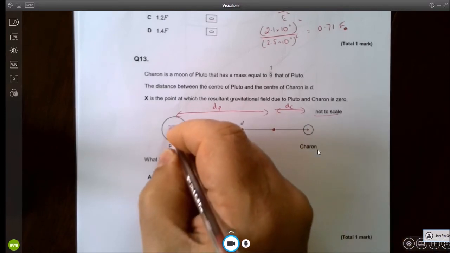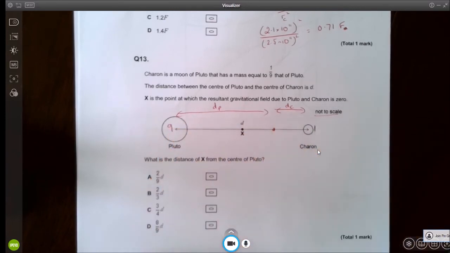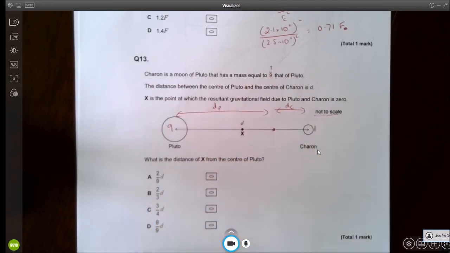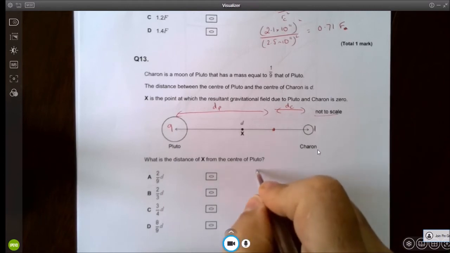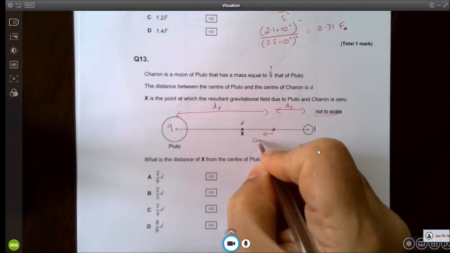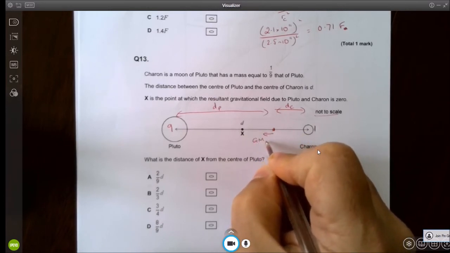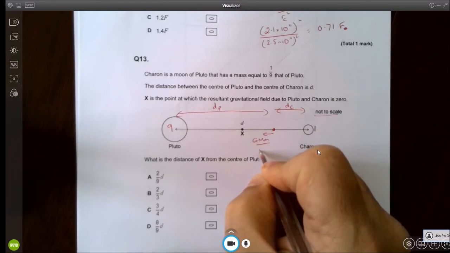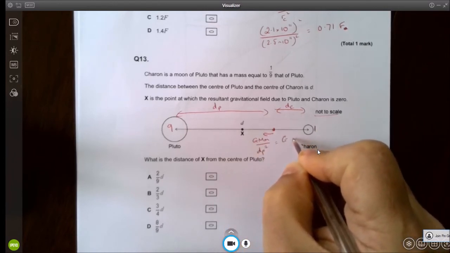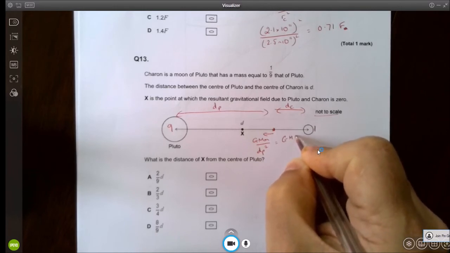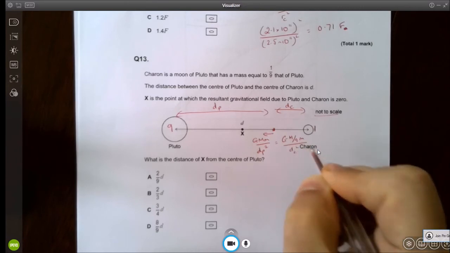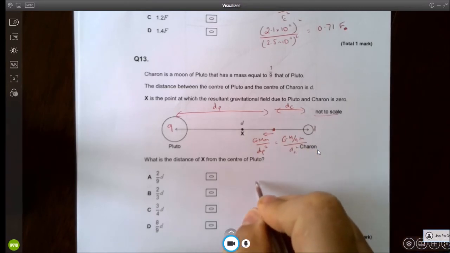this is 9 to 1 in terms of the ratio, so the Charon has got a mass of 1/9 of Pluto. So we can say that this force in this direction is G m over dp squared. This is G times 1/9 of the mass, so m over 9, m over dc squared.